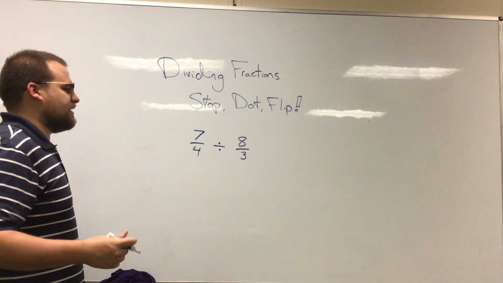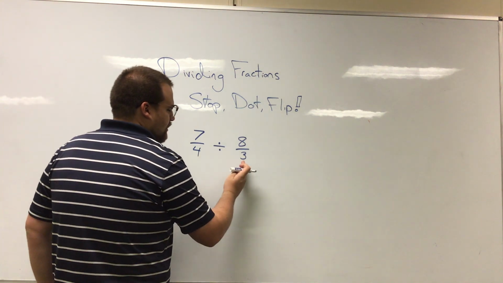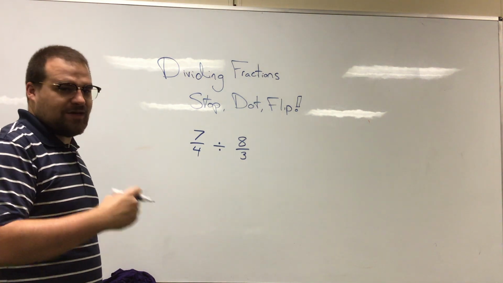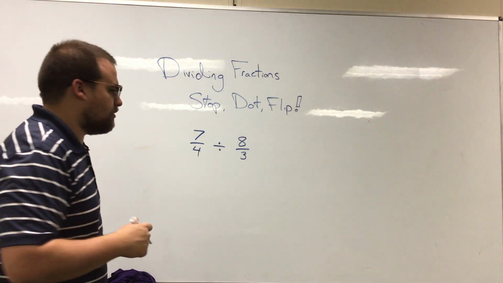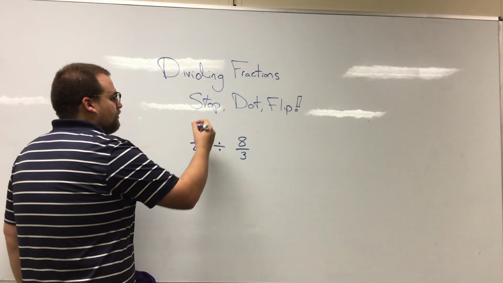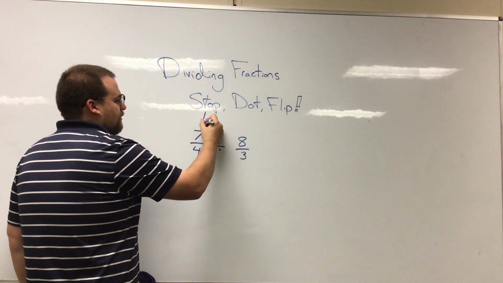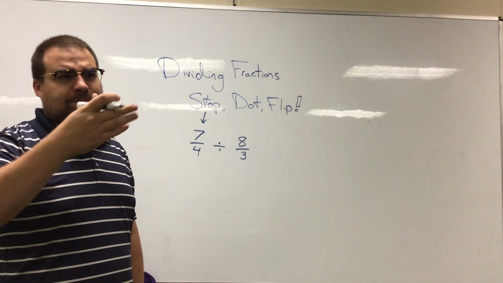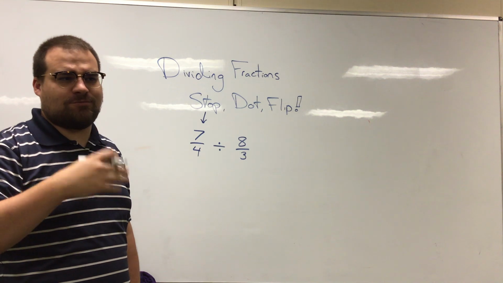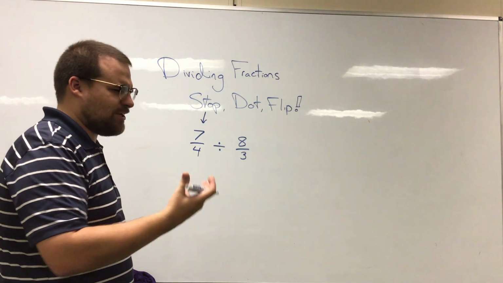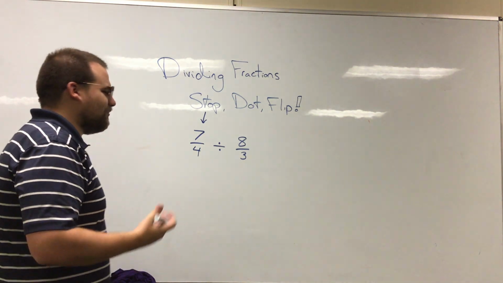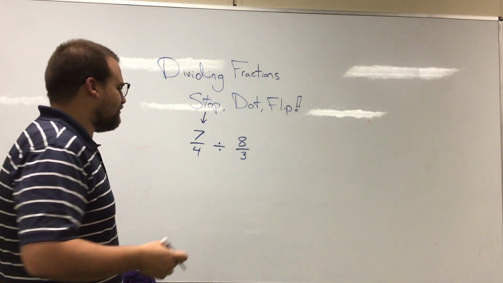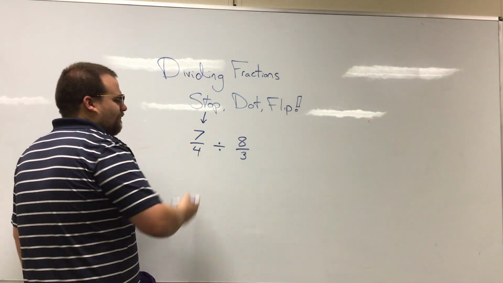The process says we have three things here, three things in our kind of equation or expression of sorts. What we do is we stop here. We don't do anything. Or in the version of keep, flip, change, or keep, change, flip, I don't know, all these different acronyms get all confusing. But we don't do anything to our first number.